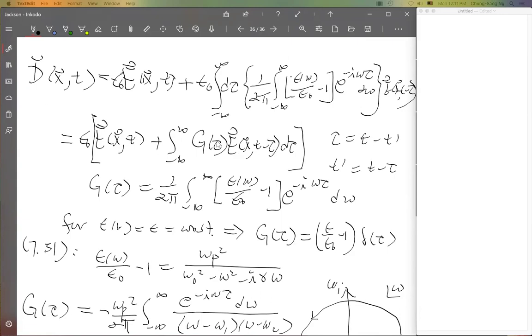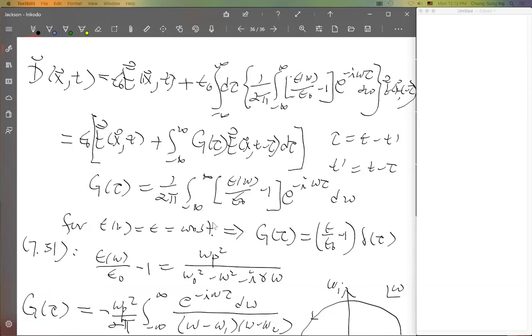So D only depends on the electric field in the past from the evaluation time. That is reasonable, because D should not depend on E in the future. It should only depend on E in the past. That's what we call the causality condition.